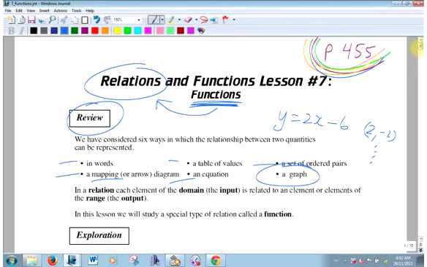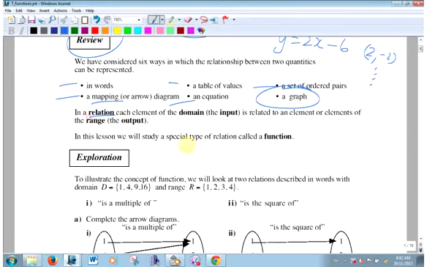A relation: each element of the domain, or each point of the domain, also called inputs, also called independent values, 95% of the time it's x, is related to an element or elements of the range, output, dependent, y.